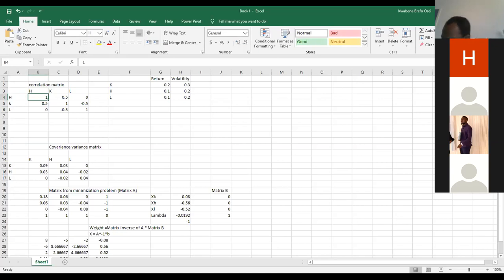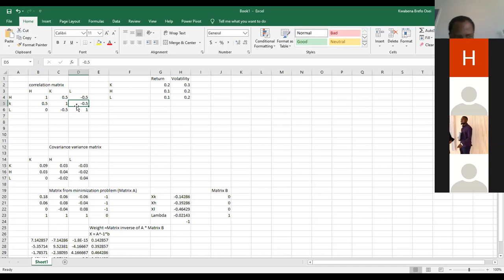Then the question said H and K was 0.5. And then H and L is negative 0.5.